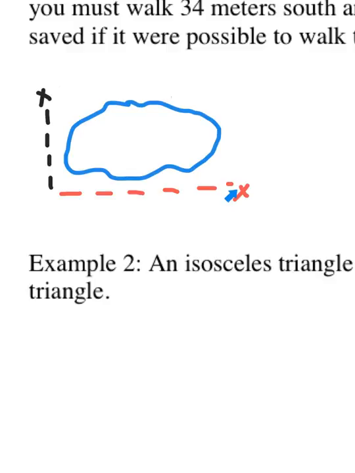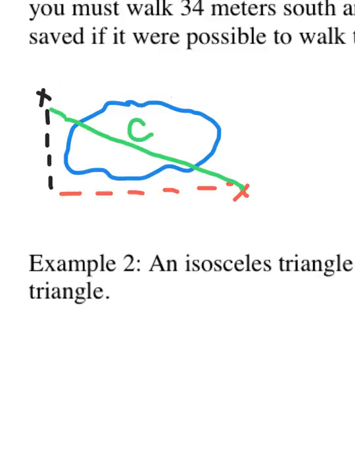And I want to know, if I could swim across or walk through the pond, how much would I save? So really what I'm trying to find out is how far it is from the black X to the red X without having to go around the pond. So this is what I'm trying to find. I'm trying to find c.